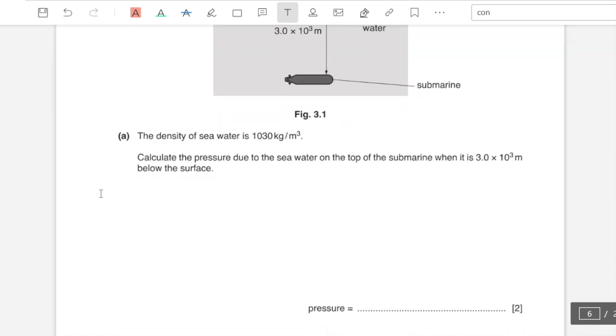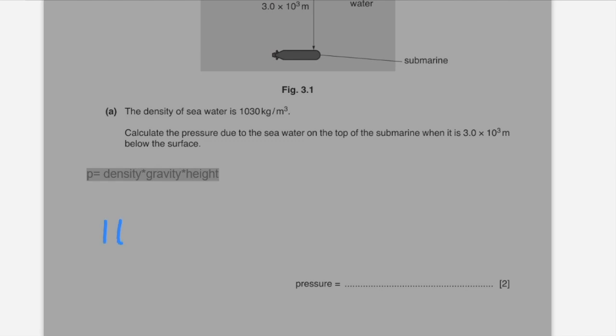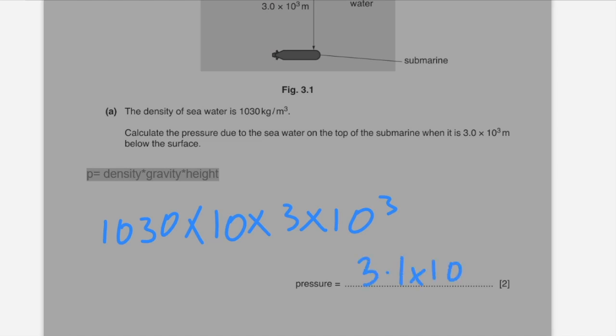Alright, so we have the formula of pressure as density into gravity into height. Alright, so we have the answer of pressure as 3.1 into 10 to the power of 7 pascals.